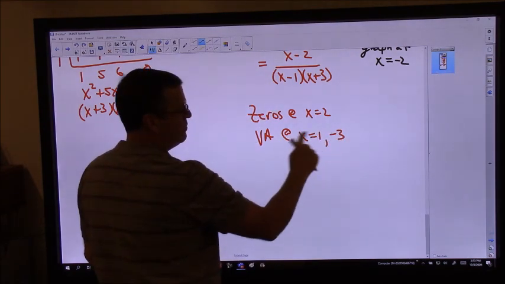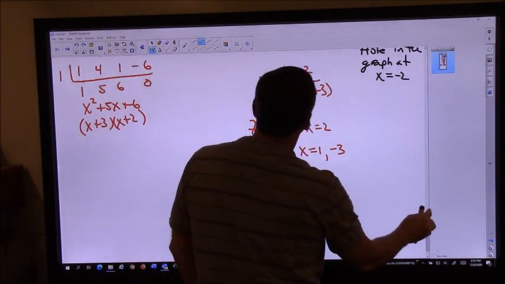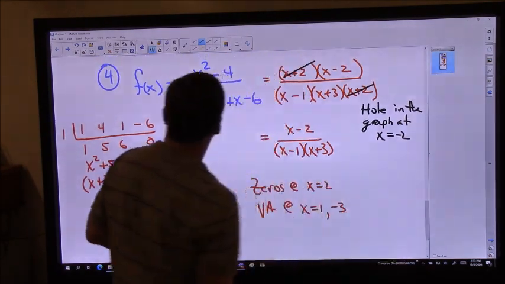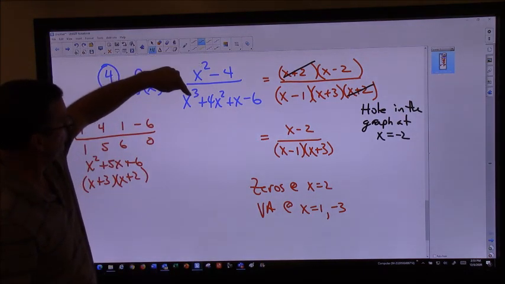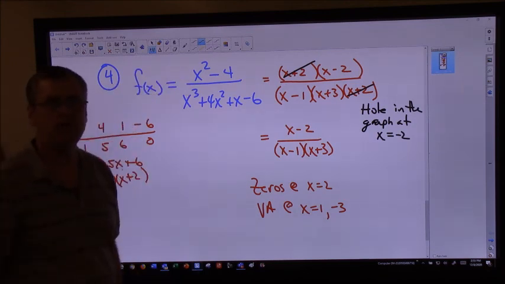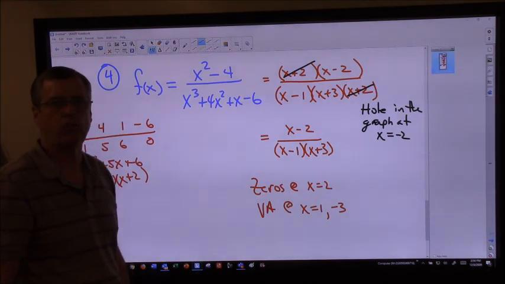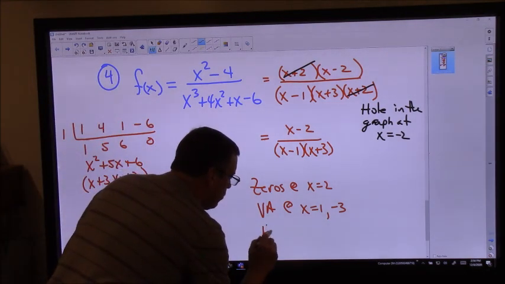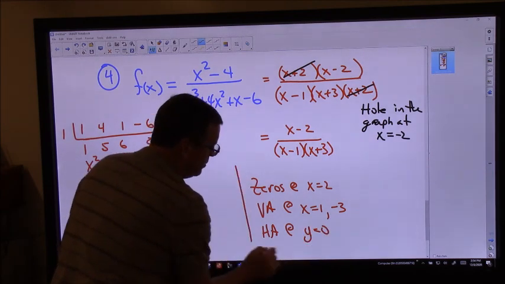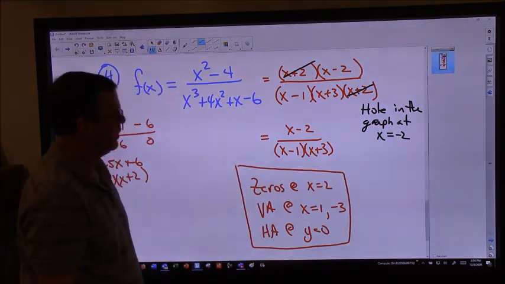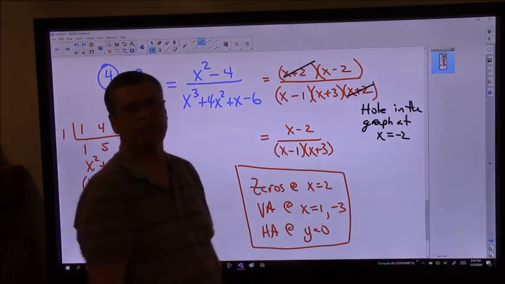Remember, these are lines. This is just a point on the x-axis. And when I go back and look at the original function, this exponent up here is less than the one in the denominator. That means the horizontal asymptote is on the x-axis. It's the line y equals 0. So horizontal asymptote at y equals 0. Okay, we're not going to worry too much about this yet. We'll see what that means when we start graphing the functions.